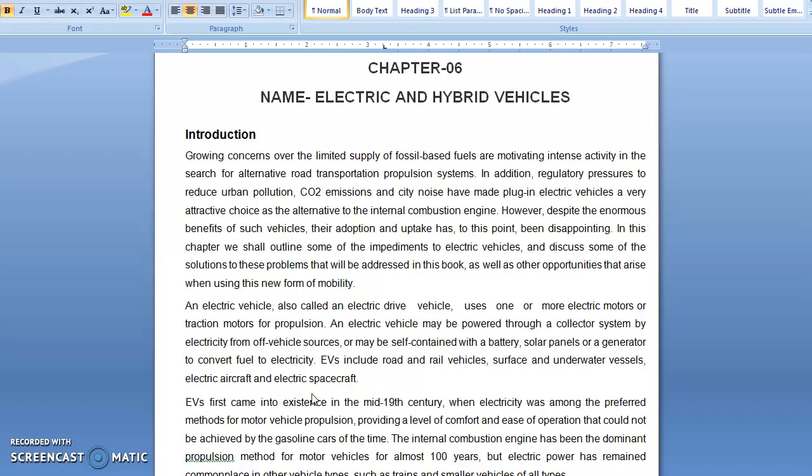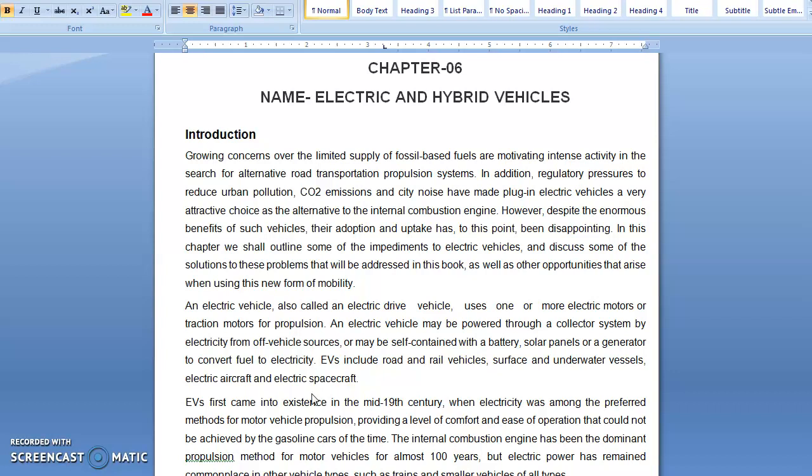However, despite the enormous benefits of such vehicles, their adoption and uptake has to this point been disappointing. In this chapter, we shall outline some of the ingredients of electric vehicles and discuss some of the solutions to the problems that will be addressed, as well as other opportunities that arise when using the new form of mobility.